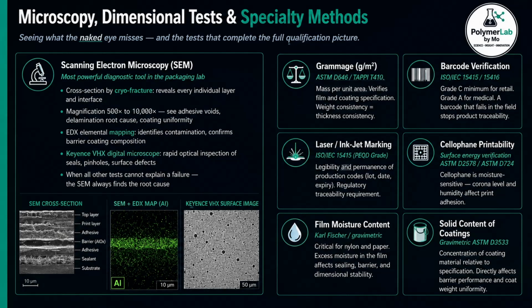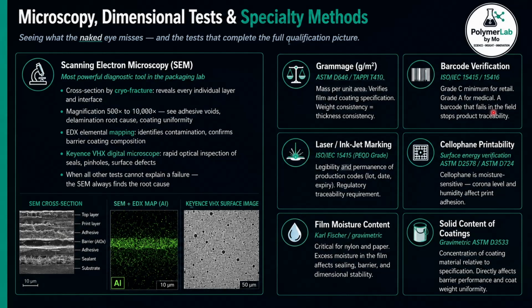We use it for seal quality inspection, pinhole imaging, ink adhesion failure documentation, and surface defect analysis. Anytime something looks wrong on the surface of the film and you need to understand it at a scale beyond a hand lens, the digital microscope is the first tool you can use for testing that film.